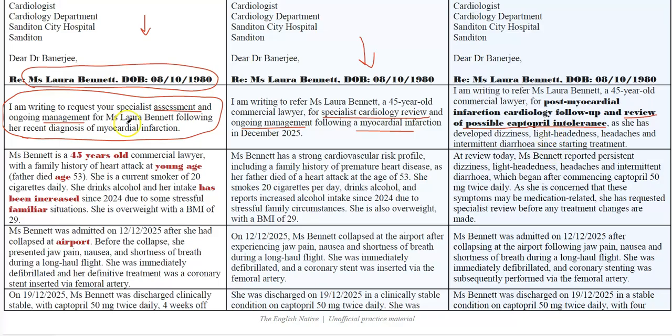So if we compare the difference, right, I want you to refer for post-myocardial infarction cardiology follow-up, much more specific, and review of possible captopril intolerance as she has had side effects. Now, that's what you need for 400, right? You don't need this overly vague assessment and management request, okay? You need to be specific, yeah?